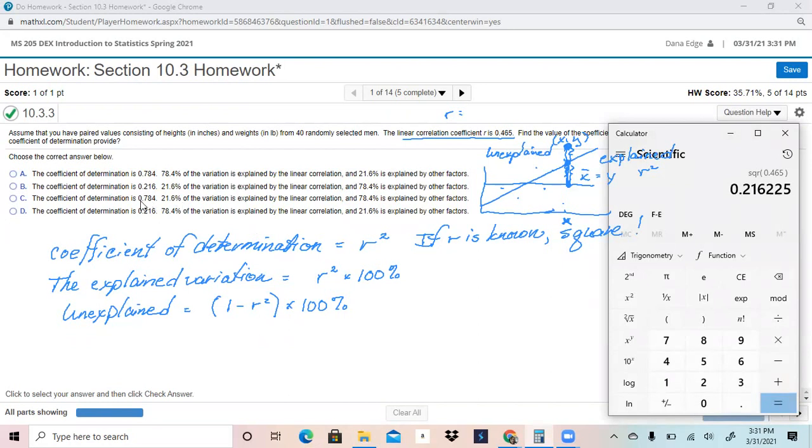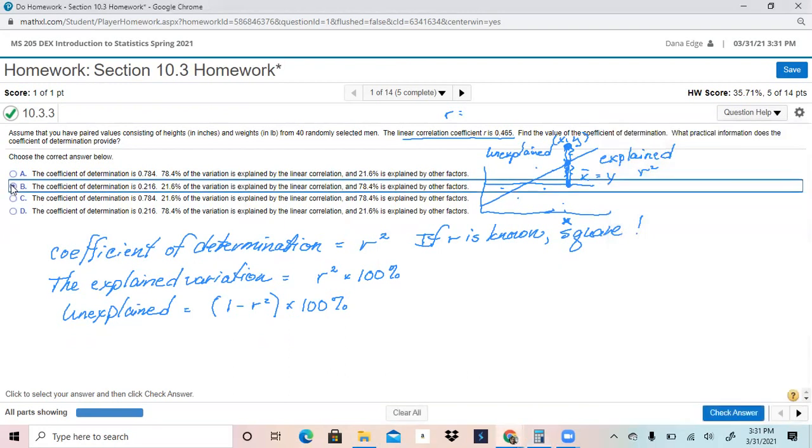So the coefficient of determination is 0.216, r squared, which means that 21.6% of the variation is explained by the linear correlation, by the correlation line. And that leaves 78.4% unexplained, explained by other factors.